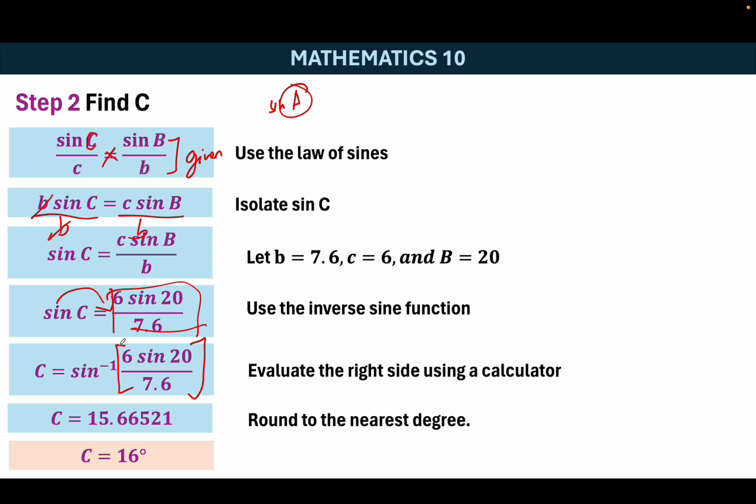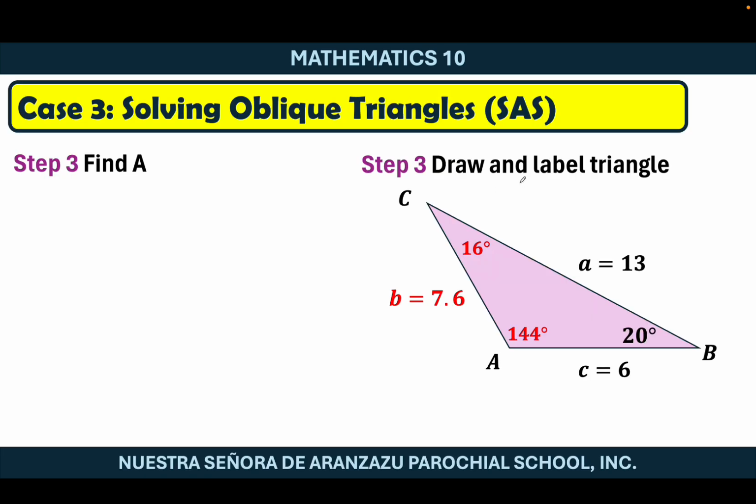And for the last step, okay, so meron ka ng angle B, angle C. So, ang nawawala na lang angle is angle A. Paano mo ngayon kukunin to? So, you're going to use the property of a triangle that the sum is equal to 180.